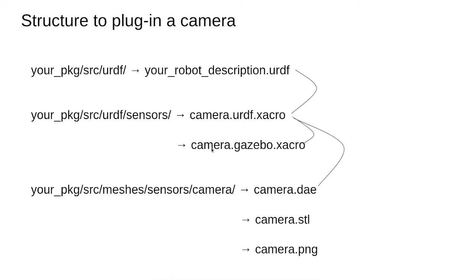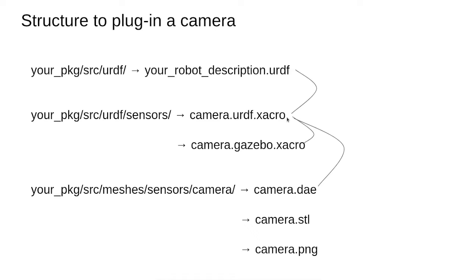What we're gonna include is the gazebo.xacro file that will allow ROS to interact with the Gazebo environment, and it will contain all the Gazebo plugins that we have seen in the last video, but the approach will be the same.